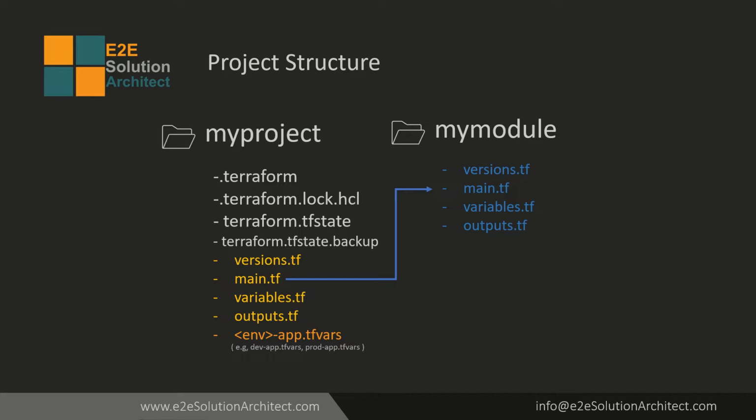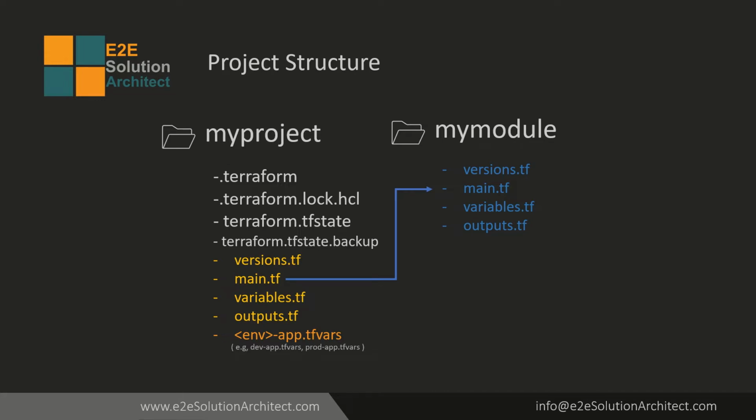Now you have noticed that there is another file I have used. It is .tfvars, and the extension is very important. The name can be different, because I have mentioned here that we can use these variable files for particular environments. If we are using the dev environment, then let's keep a variable file for dev, like dev-app.tfvars.